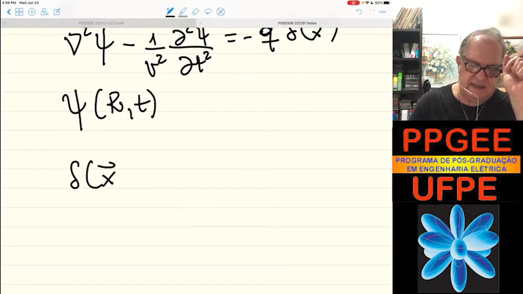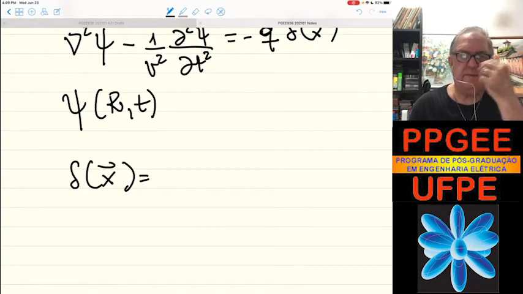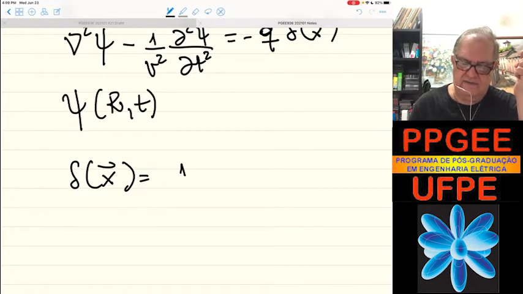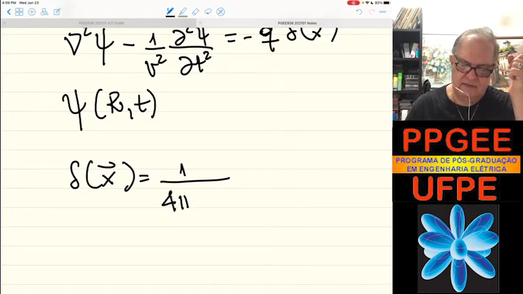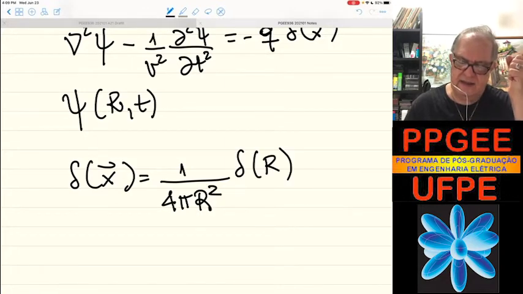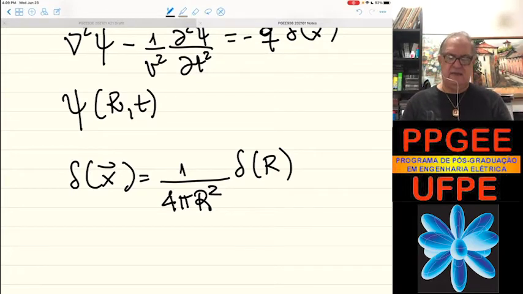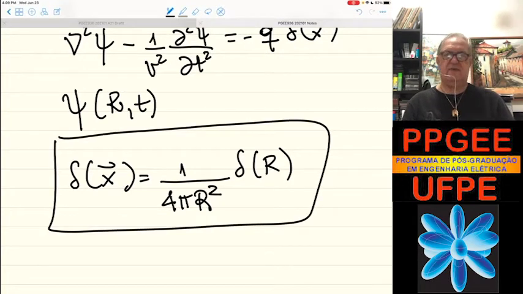Delta of x equals 1 divided by r squared, delta of r. That's the shape of the delta function. If I integrate in the volume, it's going to give you 1, right? If I integrate in the closed volume, the result is 1.